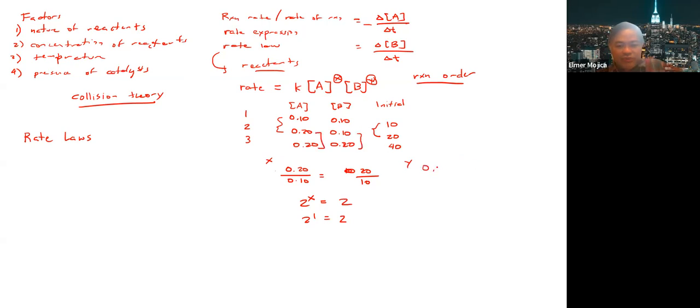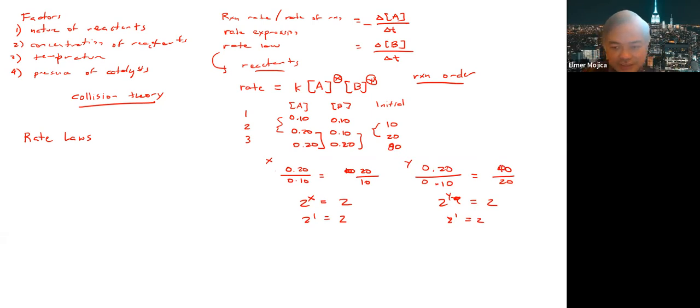So you can have what? 0.20 over 0.1 equals to 40 over 20. So that is also equals to what? 2. So 2 raised to the Y equals to 2. That is equals to 1, right? Now, what if we make this 80? Ano mangyayari dito?